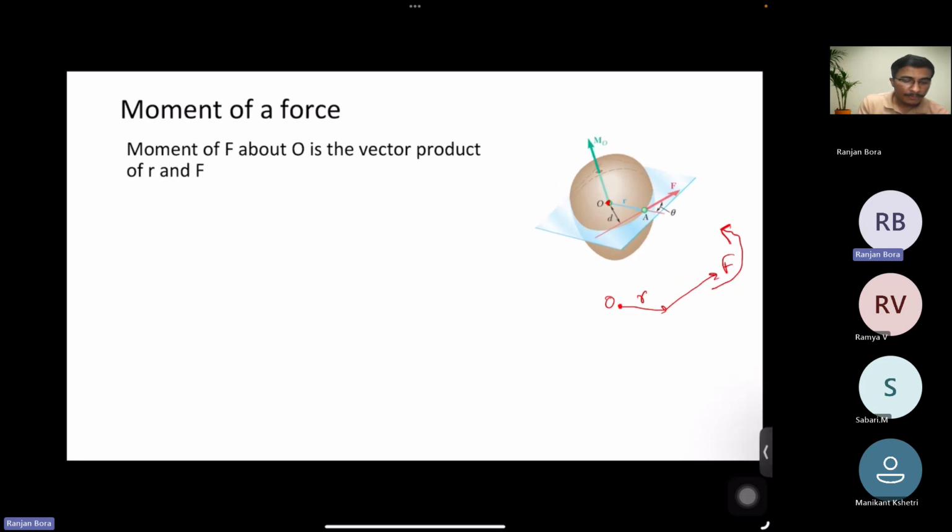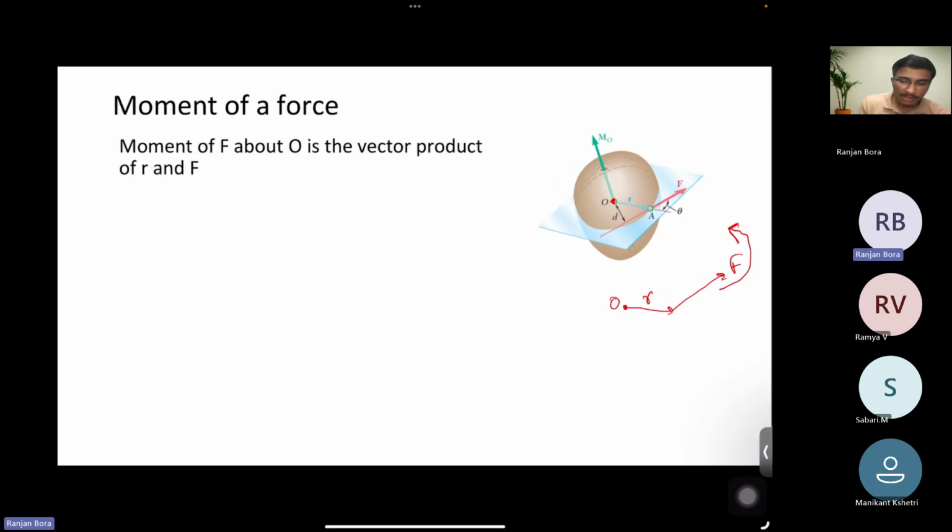Moment of F about O is the vector product of r and F. Force is a vector quantity, and r is a vector quantity. So moment is a cross product of two vectors, and it is also a vector quantity.